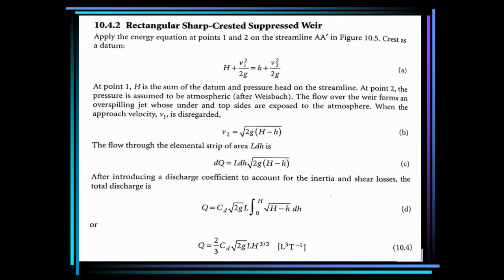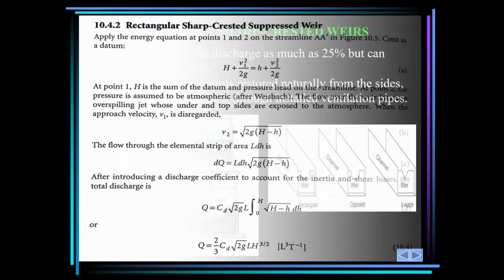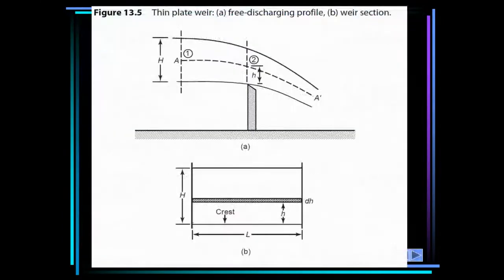At point 1, h is the sum of the datum and pressure head on the streamline, because this is the datum. We are considering this to be our datum. So at point 1, I'm now considering this streamline, A prime.